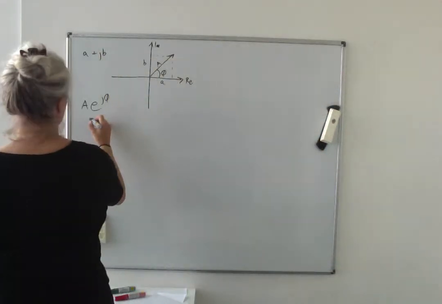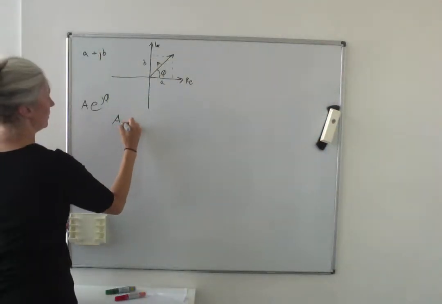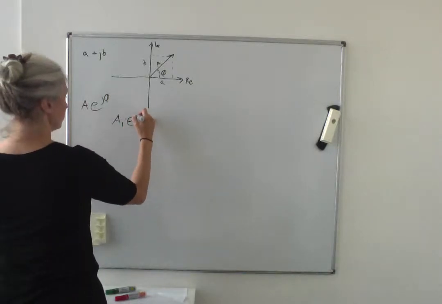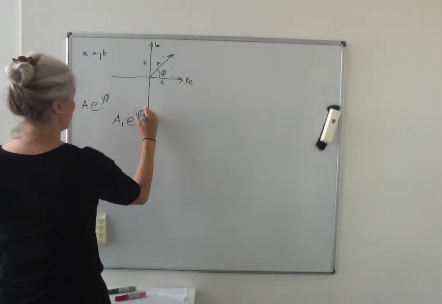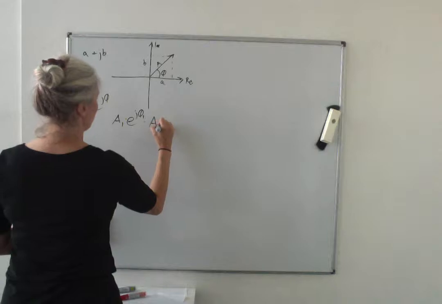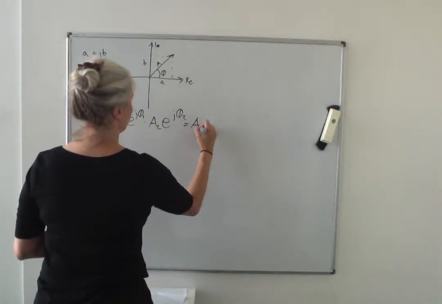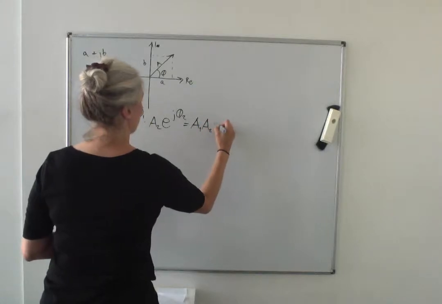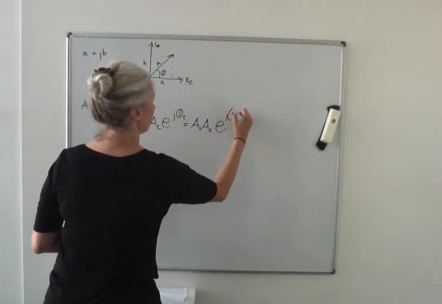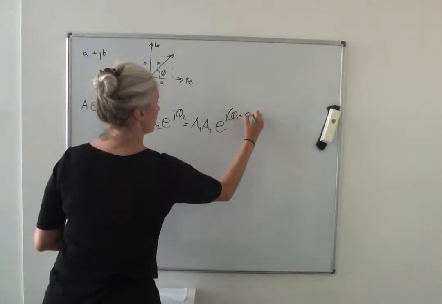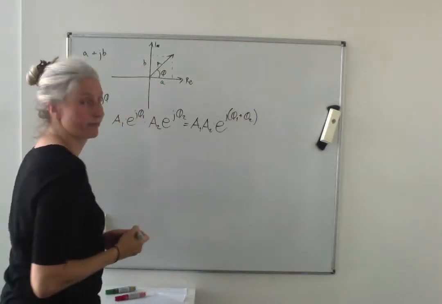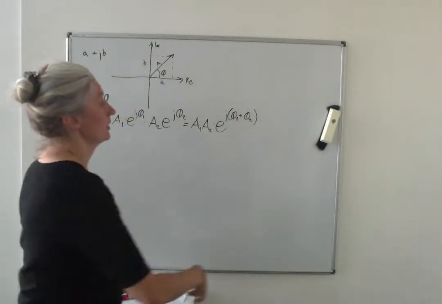So if we have two vectors of different amplitude and different phase, and we multiply them, the result is simply the amplitudes multiplied and the phases added. Like that. That's simple enough, right?